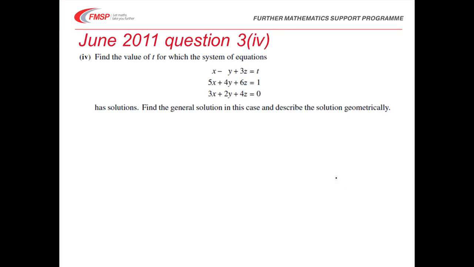And finally for part 4, you'll notice that k is 3, and so the matrix has no inverse. So we can't use a matrix method, so we have to use an eliminating method.